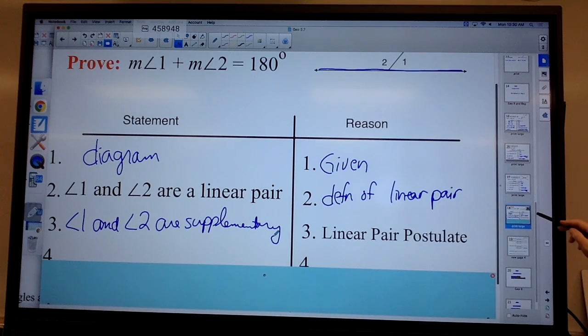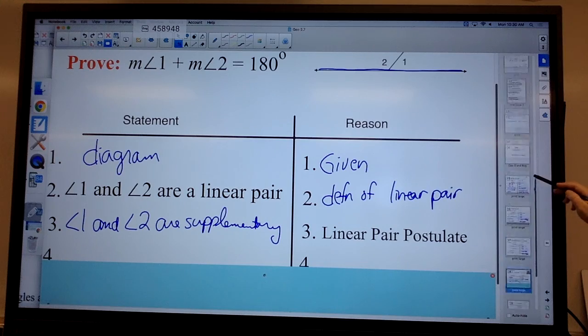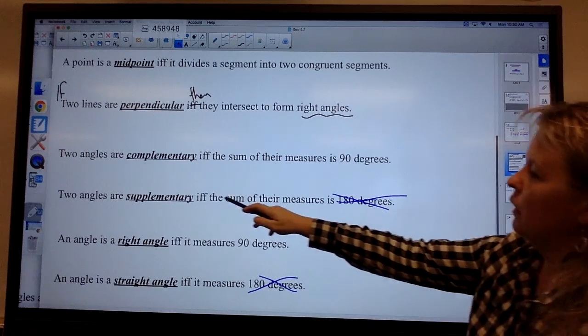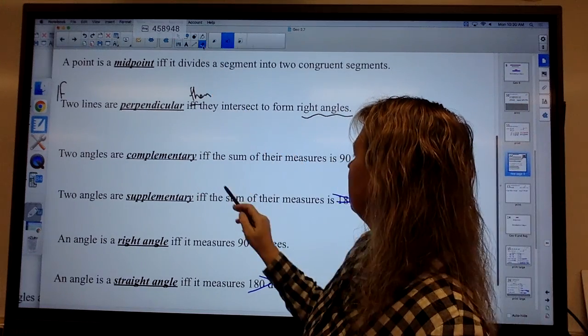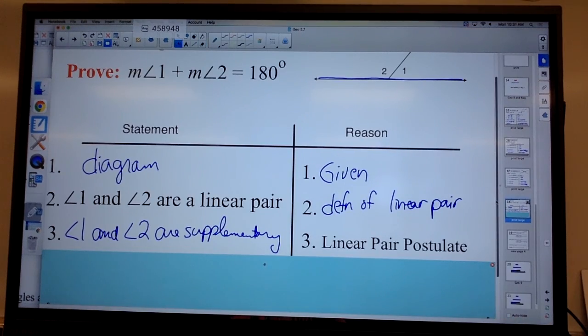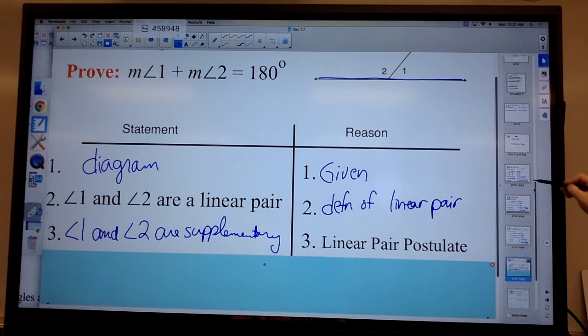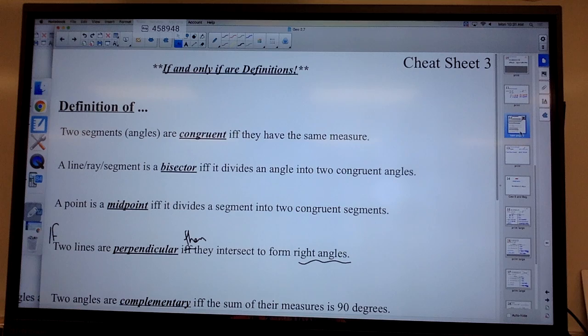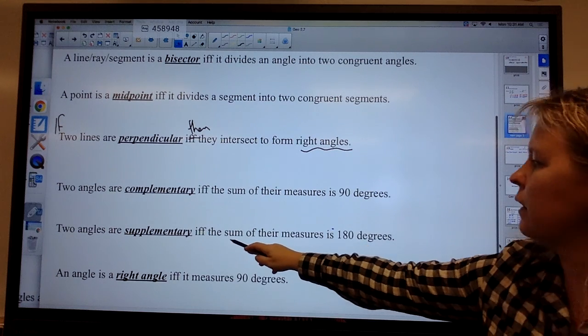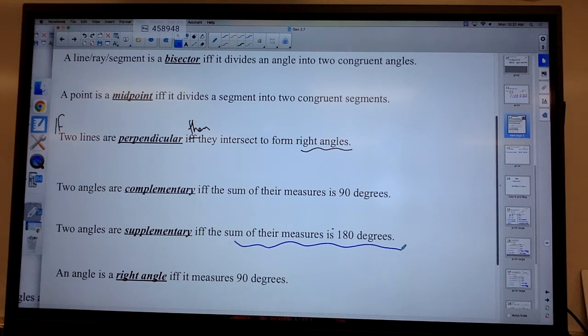Go look at cheat sheet 3, and again, pause the video so you can go find it. Cheat sheet 3 says two angles are supplementary if and only if the sum of their measures is 180 degrees. Right, where do we go from here? Angle 1 and angle 2 are supplementary. We go to cheat sheet 3, which says if two angles are supplementary, then the sum of their measures is 180 degrees.